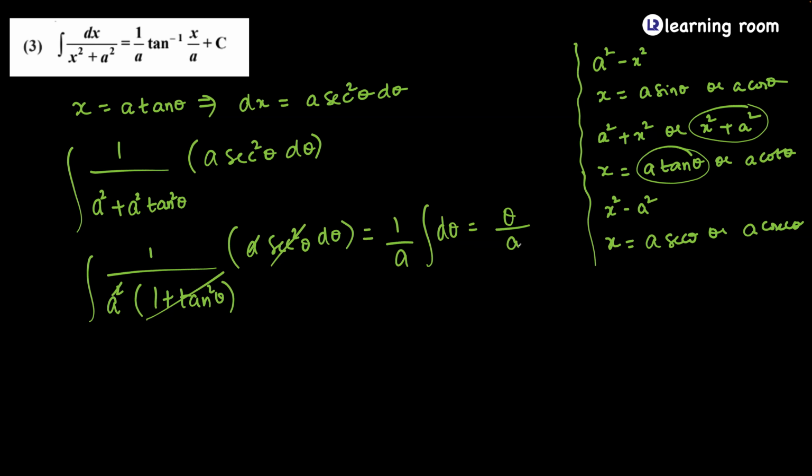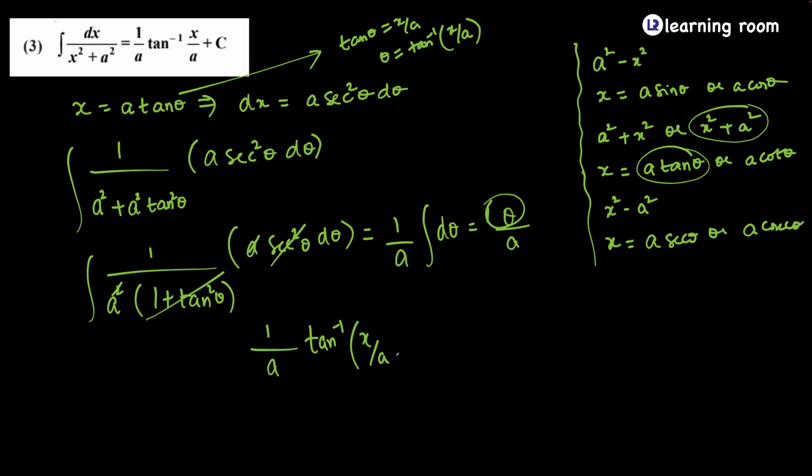So if x is equal to a tan theta, that implies tan theta is equal to x by a, or theta is equal to tan inverse of x by a. So what will the answer be? 1 by a times, in the place of theta, what can you substitute? Tan inverse of x by a. And this is what the formula is. Is that clear?